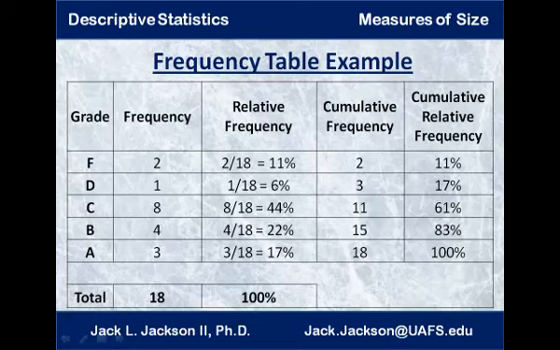So 11% plus 6% is the 17%. 11% plus 6% plus 44% gives you the 61%, and so forth. Notice the cumulative relative frequencies always end up at 100%, just like the cumulative frequencies always end up at the sample size. So it gives you a good example of frequency, relative frequency, cumulative frequency, and cumulative relative frequency.